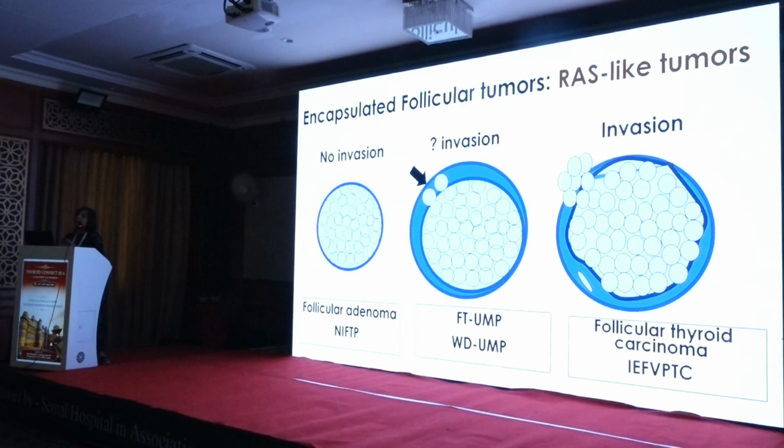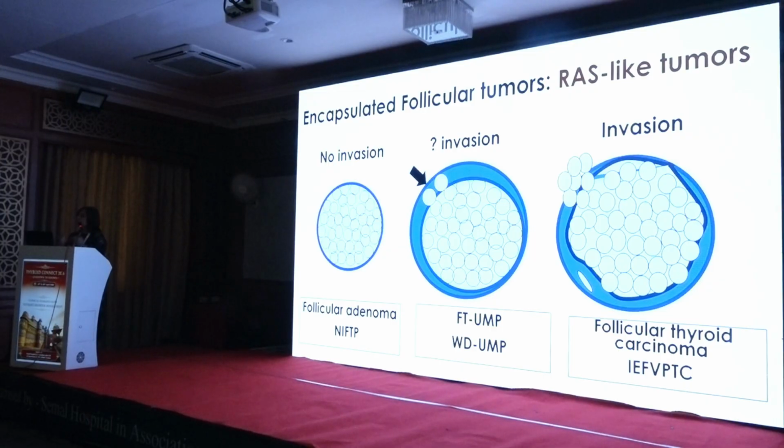So when we have an encapsulated follicular tumor, I would request everybody to wake up. Encapsulated follicular tumors basically have RAS-like morphology. They are differentiated. These are tumors which are radioiodine avid. They are the ones which respond to treatment.